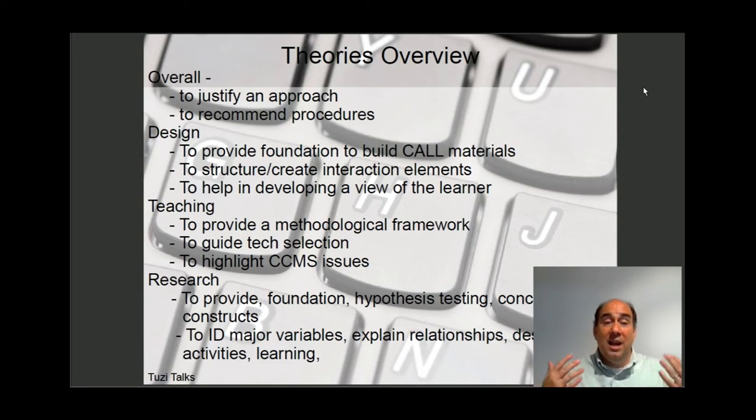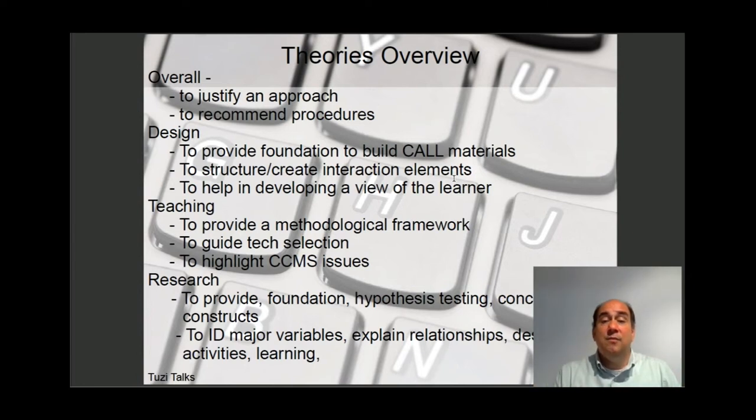Now, when we're going into designing things, we're going to be able to design something based on a particular theory. The theory provides a foundation by which we can build CALL materials. The theory is going to allow us to structure and create interactions because we're using that theory to build those interactions.